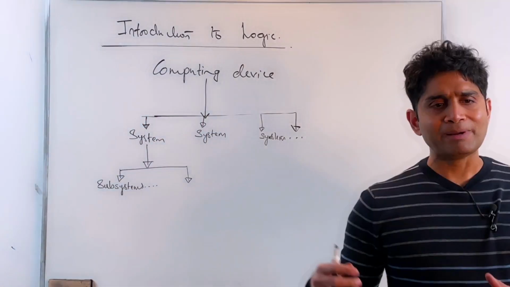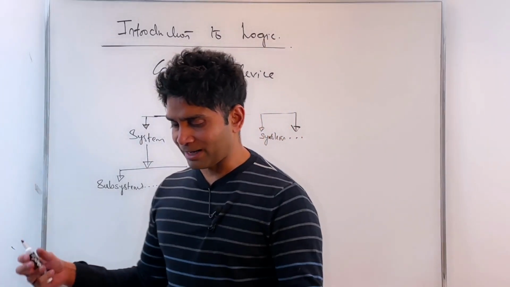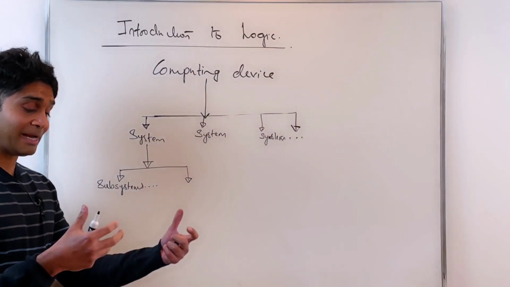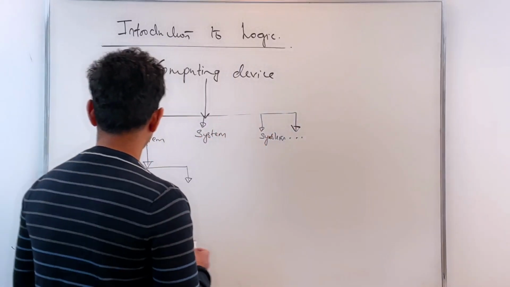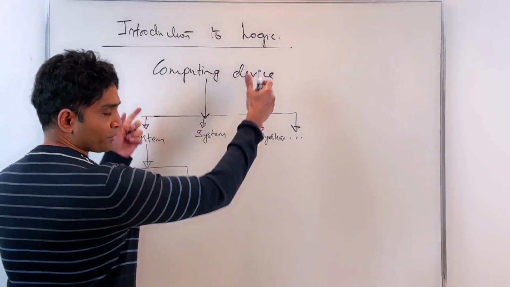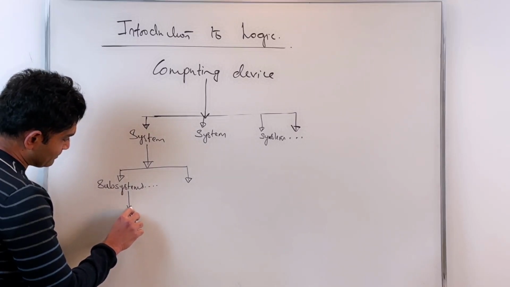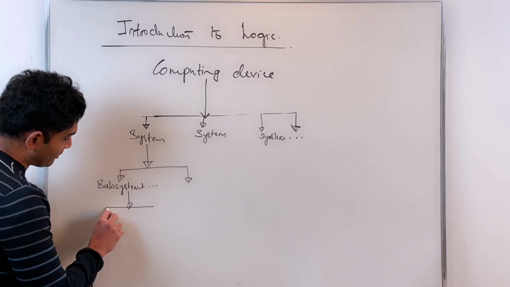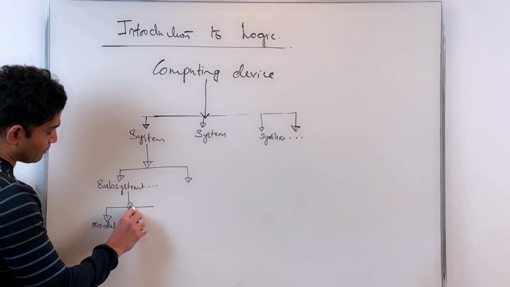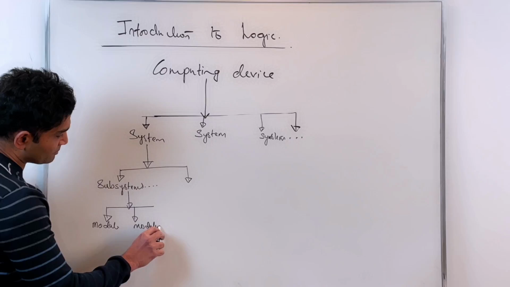So when you're trying to build one computing device, it's a matter of making these subsystems and making the systems, putting these systems together to make the computing device. If I want to go down further hierarchy, the subsystems are made up of multiple modules, short modules that come together to make this subsystem.